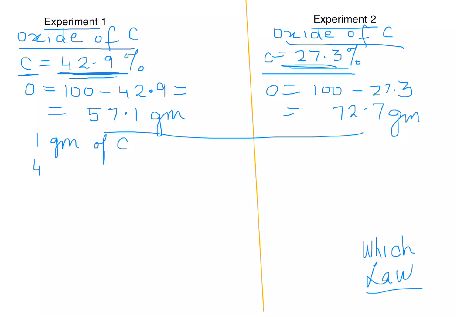So if we have 57.1 grams of oxygen combining with 42.9 grams of carbon, then how much oxygen will combine with 1 gram of carbon?